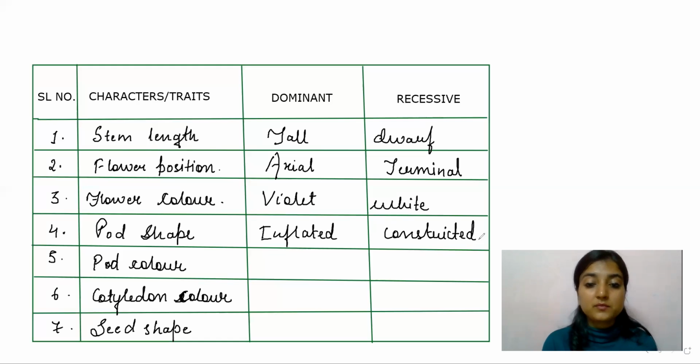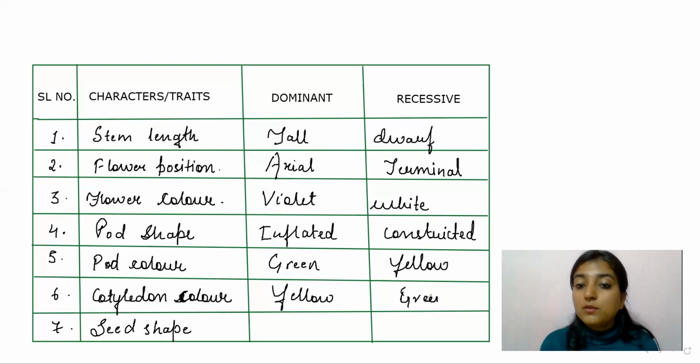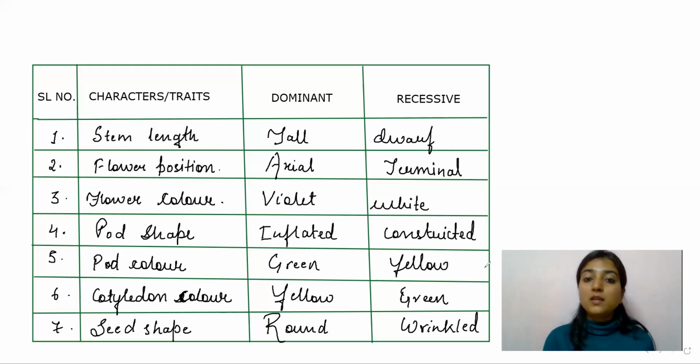Pod color is green in the dominant and yellow in the recessive. Cotyledon color is yellow in the dominant and green in the recessive. Seed shape is round in the dominant, whereas wrinkled in the recessive. Okay, so these were the 7 characters taken by Mendel.